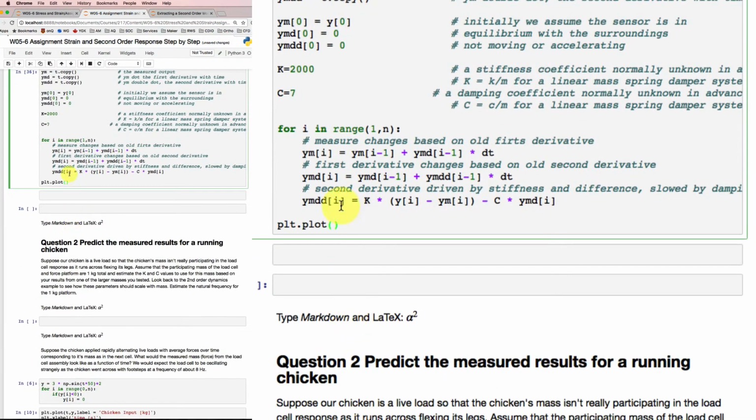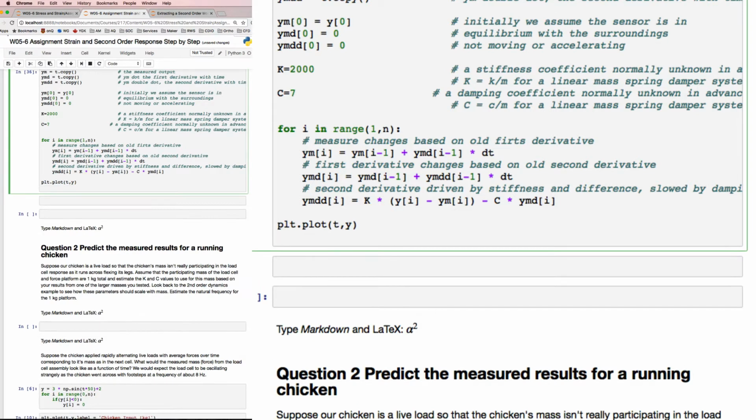So let's plot the time and plot y against it. And then let's plot our calculated values from our model. So that's the actual input y. Here's our model's predicted y.